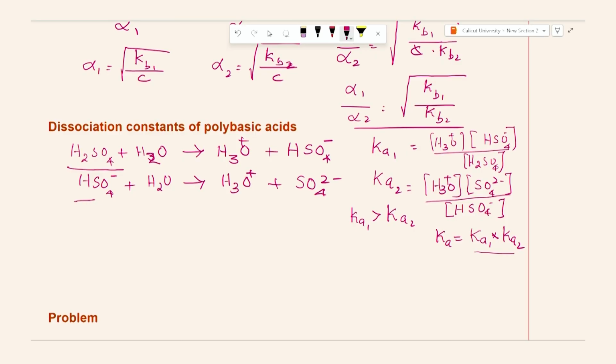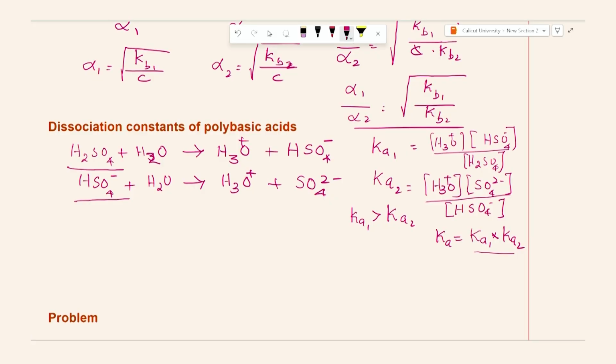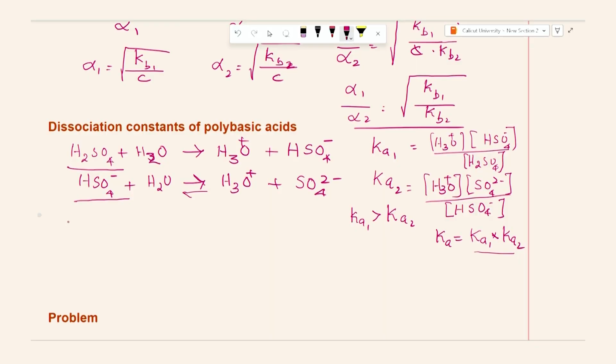Once sulfuric acid loses one proton, it attains a negative charge, and in the second case, the proton has to be eliminated from a species which is already carrying a unit negative charge, which will be difficult. And therefore, in this case, you have to put a double arrow, because there is a tendency for the reaction to occur backwards to some extent, and therefore the value of Ka2 will always be less than the first ionization constant.